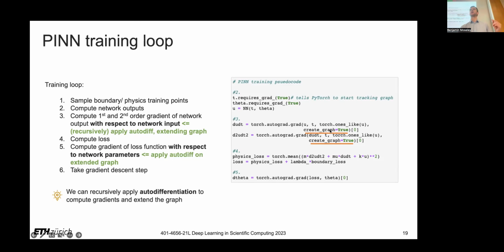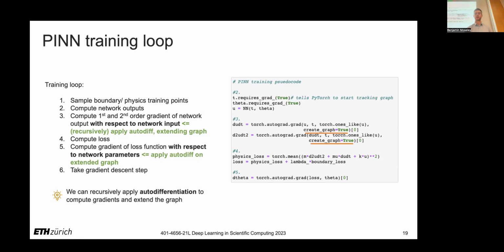And that instructs autograd to extend the graph and remember it so that it can differentiate through it again if we want to. And so we do need to do that because we want to compute the second order derivative. This time it's du by dt with respect to t. And then finally, when we collect all these together, we compute our physics loss with them. And then we do the final differentiation, which is the gradient of the loss with respect to theta.